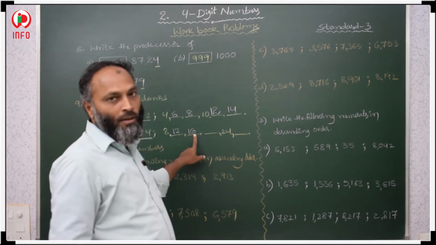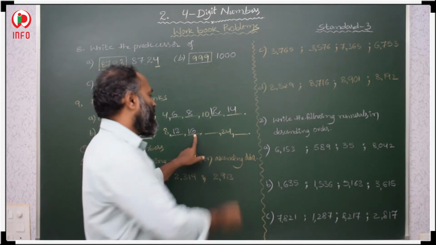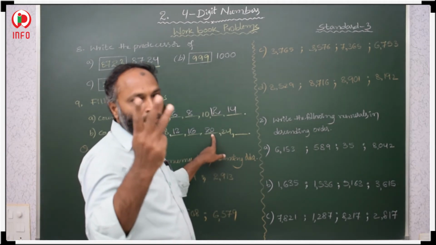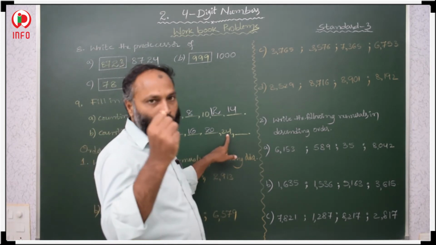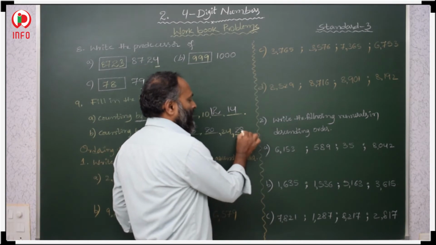After 16, counting by 4, 20. After 20, 24. That is given. After 24, 28. This is counting by 4.